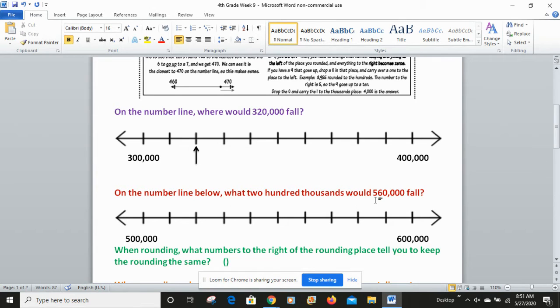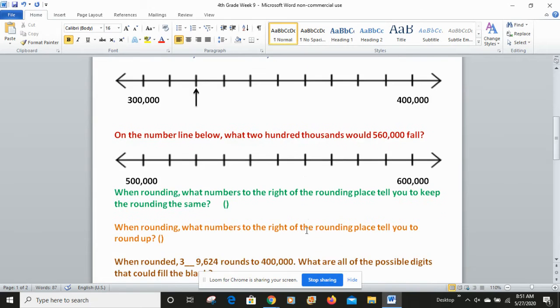So if I was going to put 560,000 in here, this would be 500,000, 510,000, 520, 530, 540, 550, 560,000. So this number would fall right there between the 500,000 and the 600,000.